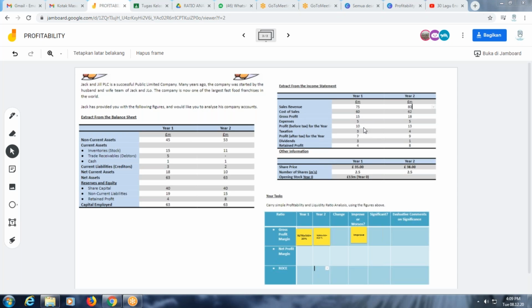So the net profit at year 1 is 10, and for year 2 is 13. And don't forget to divide it by the sales revenue. The sales revenue in year 1 is 75, and year 2 is 80.